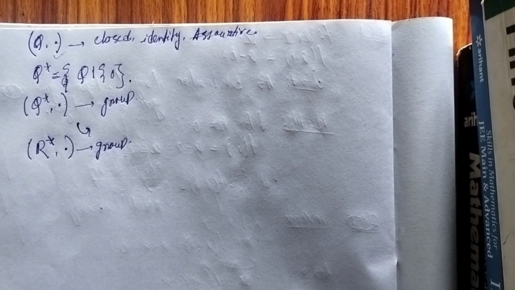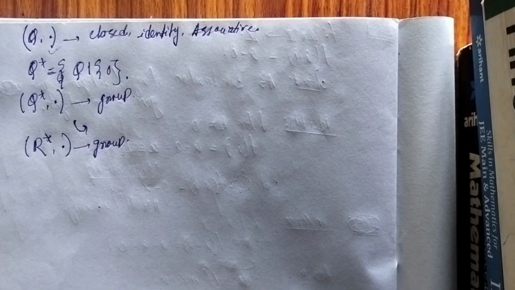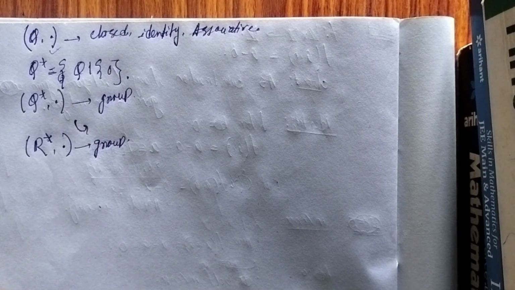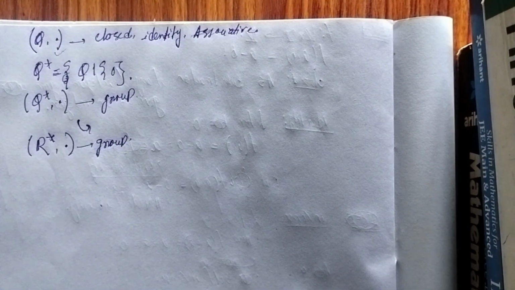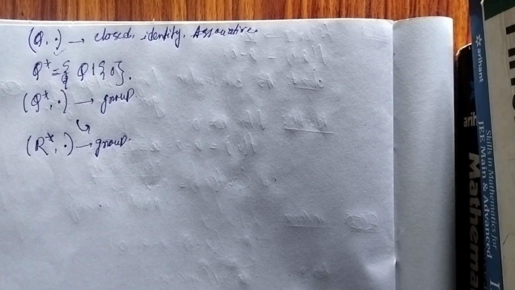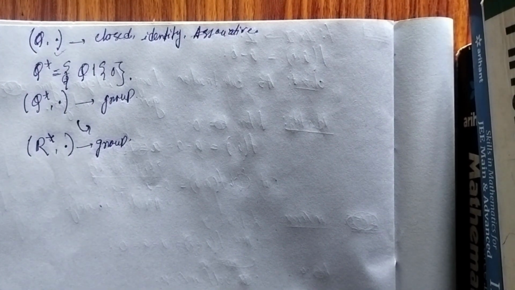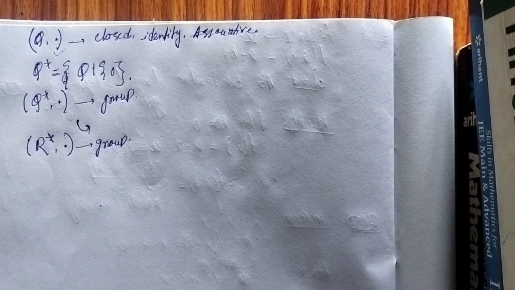Closure is important because it ensures that whenever we perform the operation, we stay inside the mathematical world we are studying. Let me take a real life example. Imagine a chessboard. The pieces are allowed to move within the board. If a legal move could suddenly place a piece outside the board, then the game would break down totally.